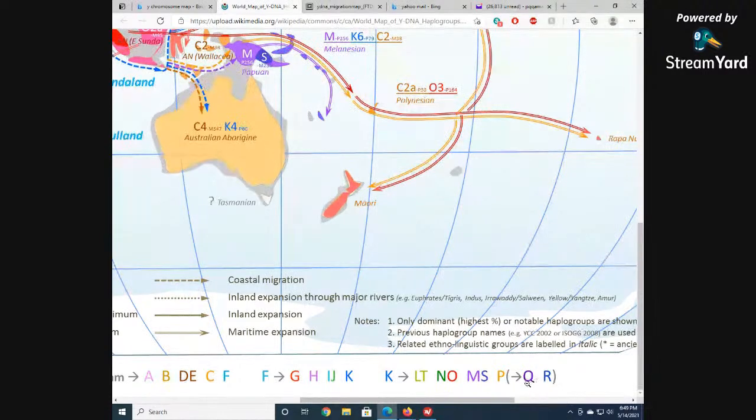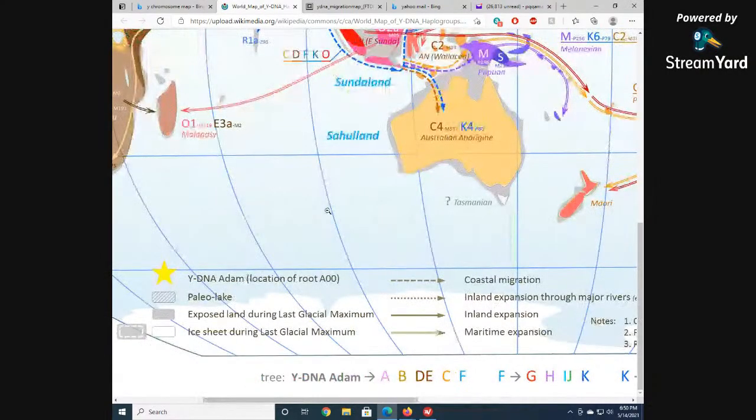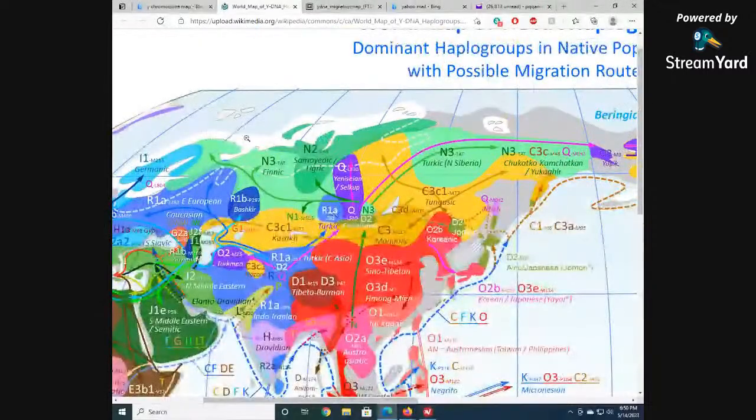So it's Ashkenaz, Riphath, Togarma, and possibly Tubal is the P, is what I'm wondering. Either that P or maybe it's Meshach, I don't know. Or since Meshach went north, maybe this N population is Meshach.